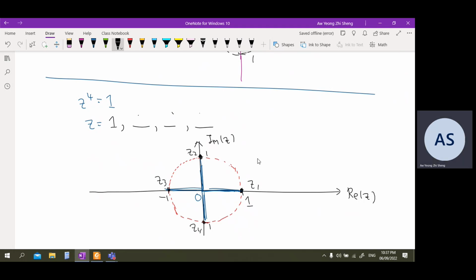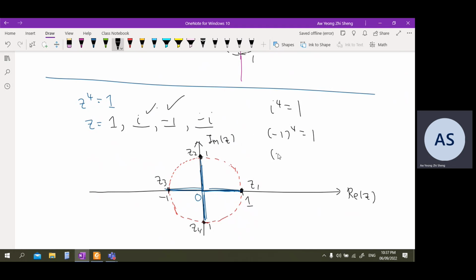Okay, so if I list down the solutions, Z2 will be the solution I, Z3 is the solution -1, Z4 will be the solution -I. And so if you really check, I power 4, we know it is 1. That means I is a valid solution. -1 power 4 is also 1. So -1 is a valid solution.